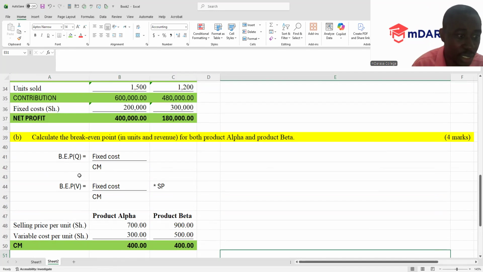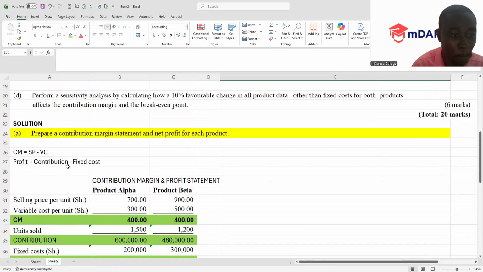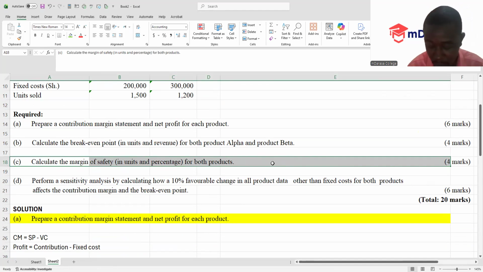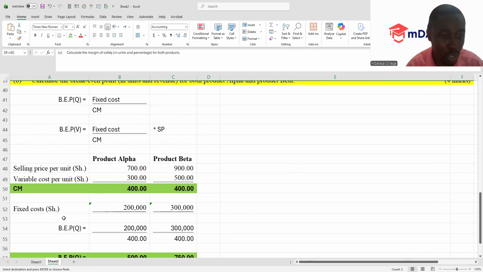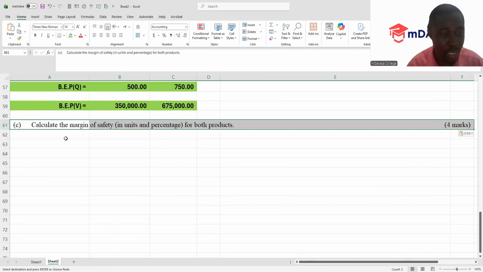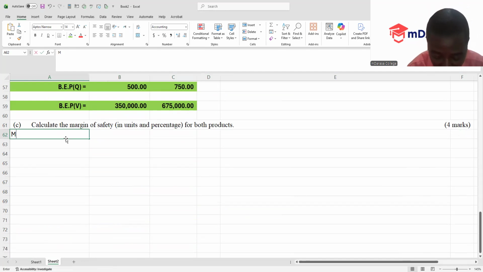Once you're done with that part, we go to the other part: calculate the margin of safety, MOS. Again, Mwalimu guided us about margin of safety. Anytime you talk about margin of safety, we are looking at the range between our sales and the break-even point.